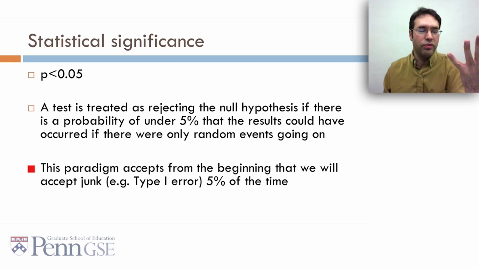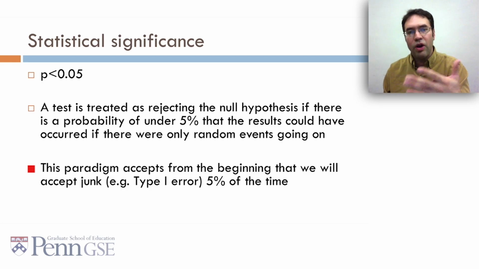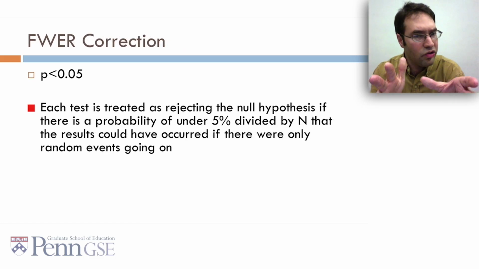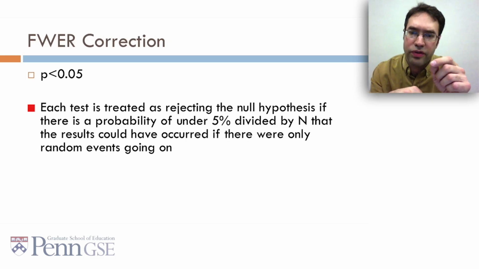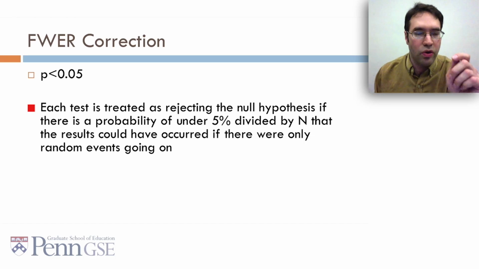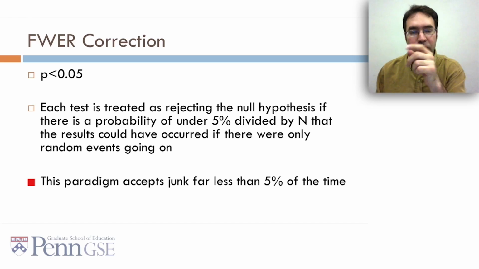And this paradigm accepts from the beginning that we're going to accept junk, also called type 1 error, 5% of the time. By contrast, the FWER correction says that each test is treated as rejecting the null hypothesis if there's a probability of under 5% divided by n that the results could have occurred if there were only random events going on. And this paradigm accepts junk far less than 5% of the time.